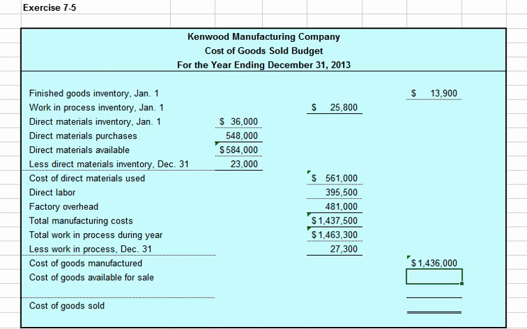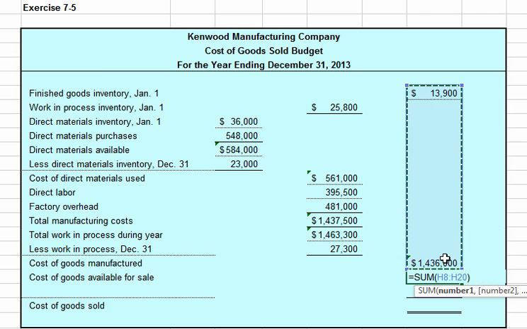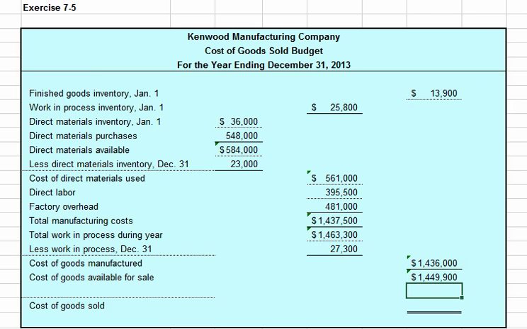If we add those two together, we'll have our cost of goods available for sale during this year, or our estimate of that. So I think I'll use my sum function here. $1,449,900.